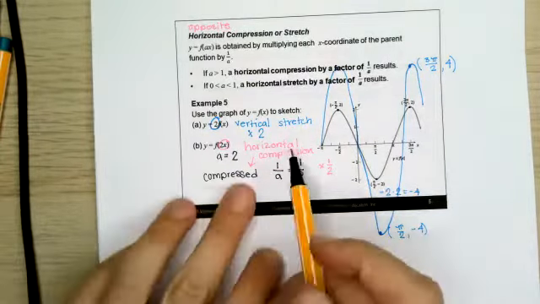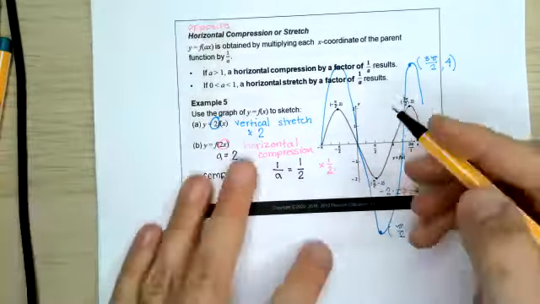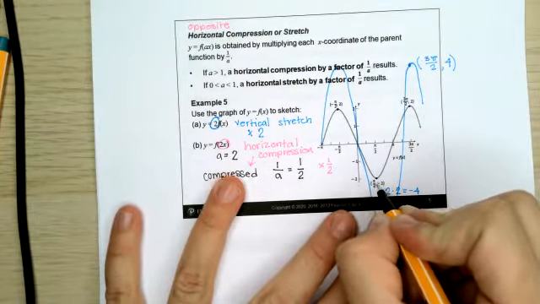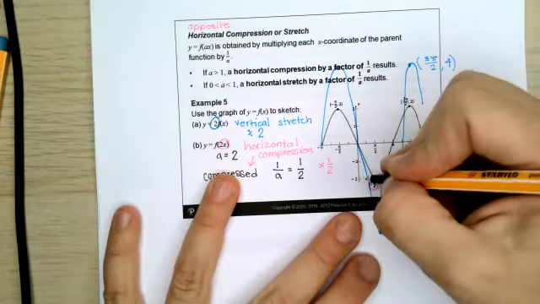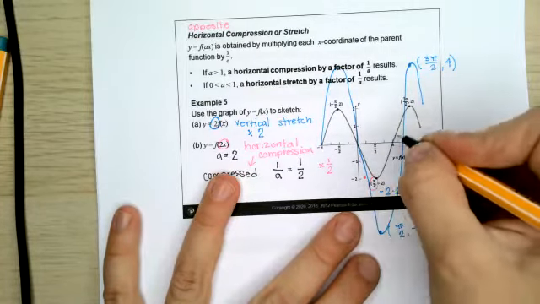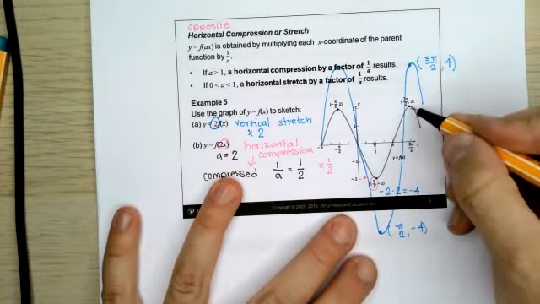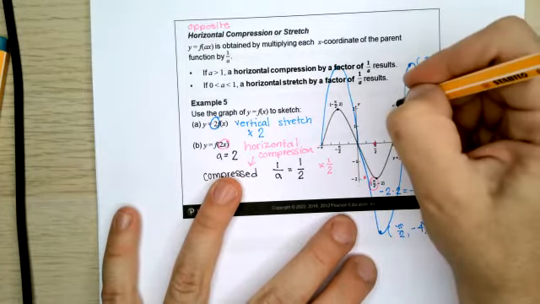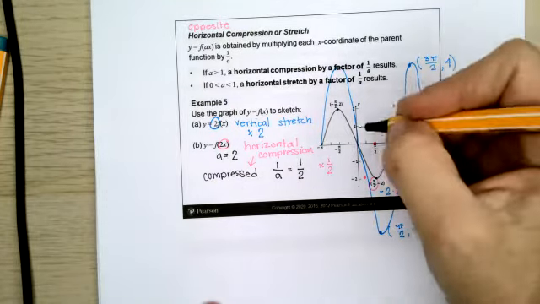When 2 is inside the grouping symbols, that means we're taking all of our x values and cutting them in half, right? So the -2 is still going to stay at -2, but the pi over 2, the x value, is going to be cut into pi over 4. So that point is now here. This point pi is now at pi over 2. This point 3 pi over 2 is now somewhere over here.